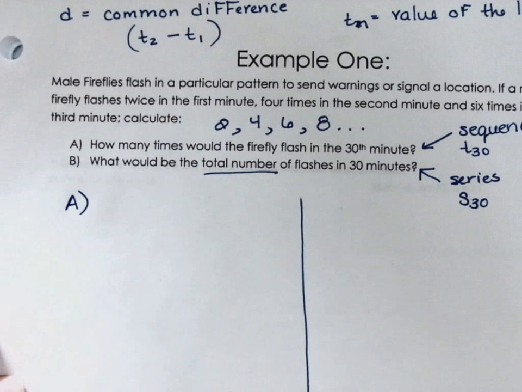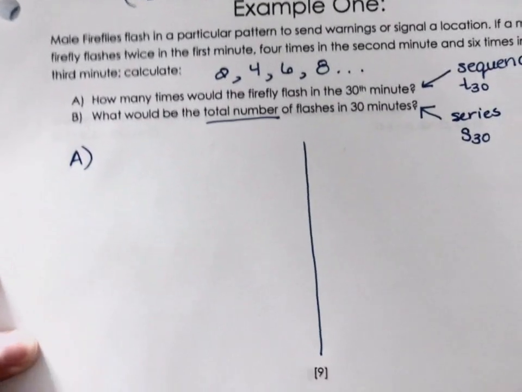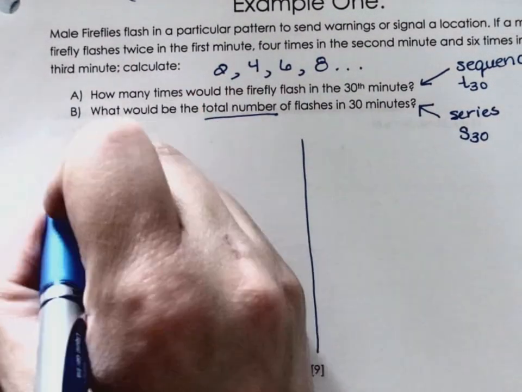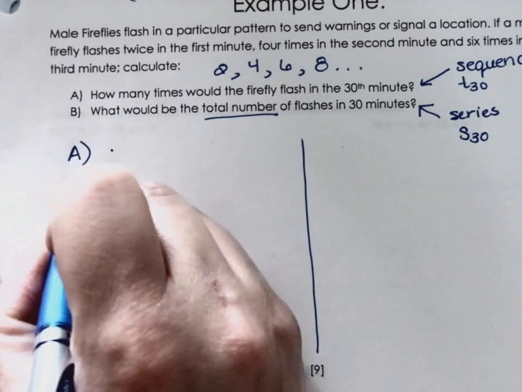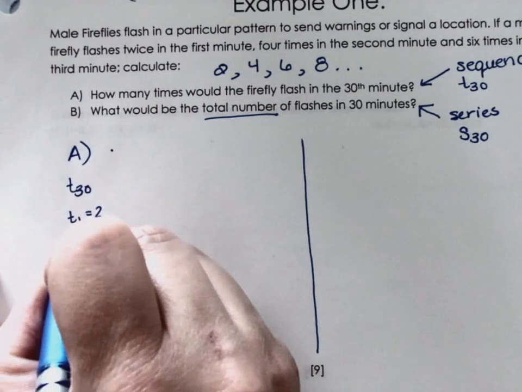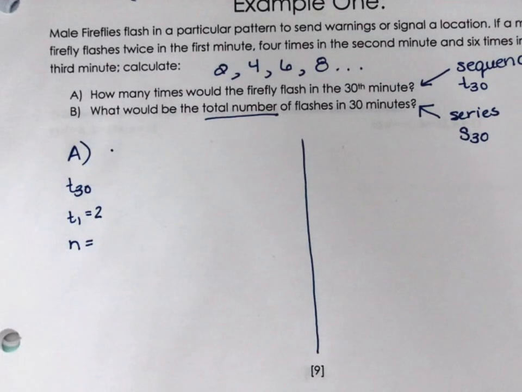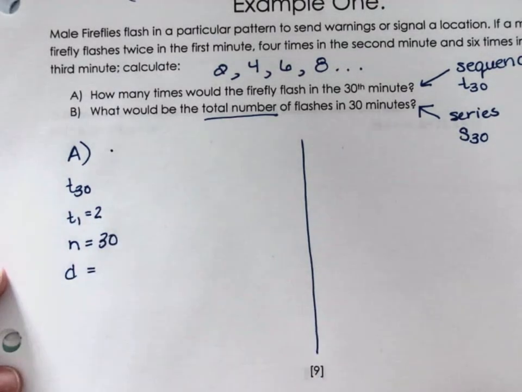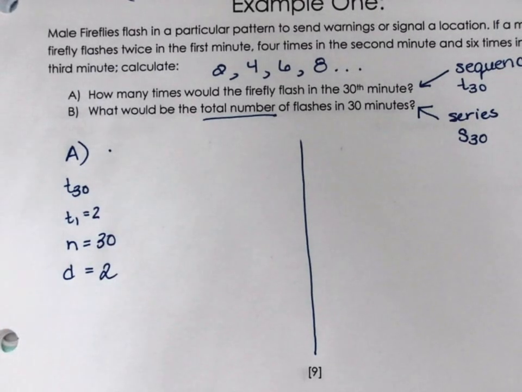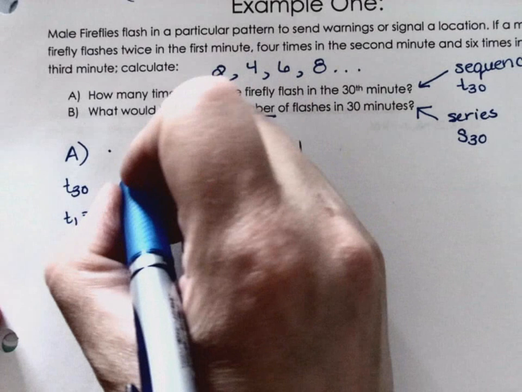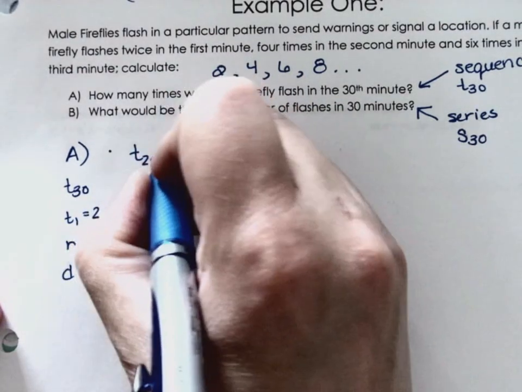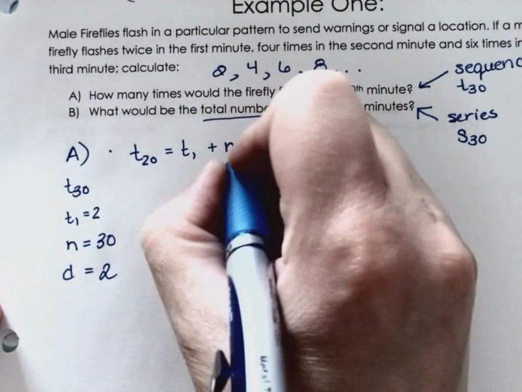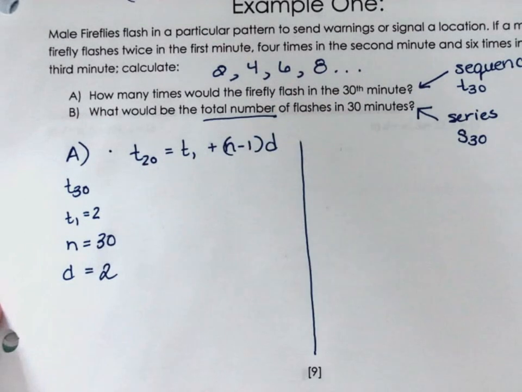All right, so part A is from yesterday. We want to find the 30th minute. We know T1 is 2. What's n? 30. What's d? You guys already figured d out. 2. And so we're just going to use the formula from Friday's lesson, which is Tn equals T1 plus n minus 1 in brackets times the common difference.